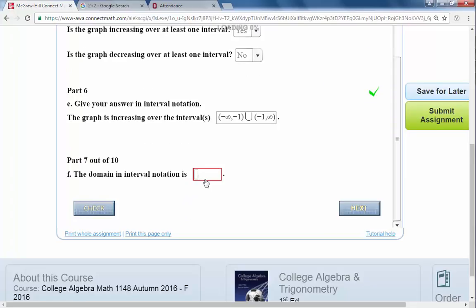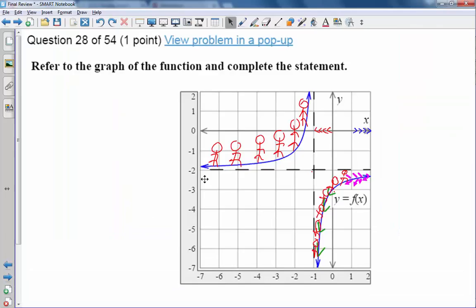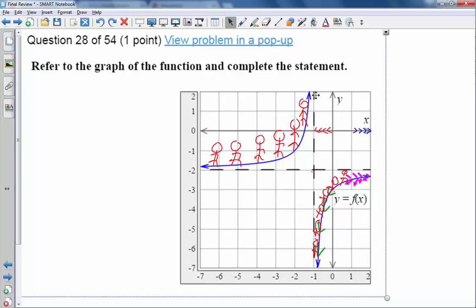Alright, domain. What's the domain of this function? Just smash this picture onto the x-axis. Smash from top and bottom. Negative infinity to positive infinity? Alright, one minor difference though. How about this dashed line here, right in the middle? There is no point falling to this location because your curve never hits this, right?